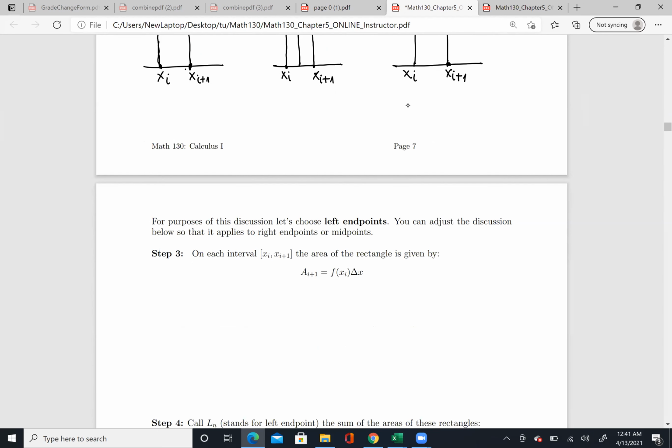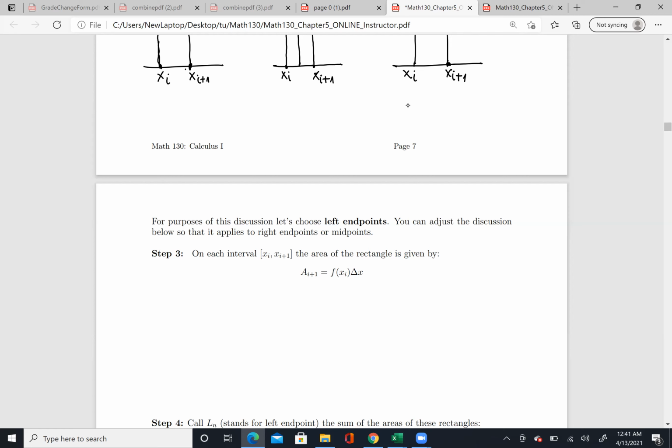So for purpose of the discussion, let's choose left endpoint. And then you can adjust the discussion below so that it applies to the right endpoint or midpoints.